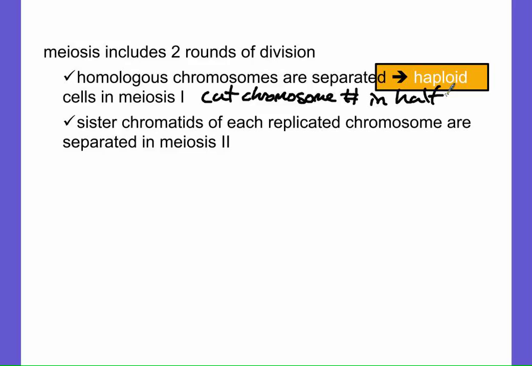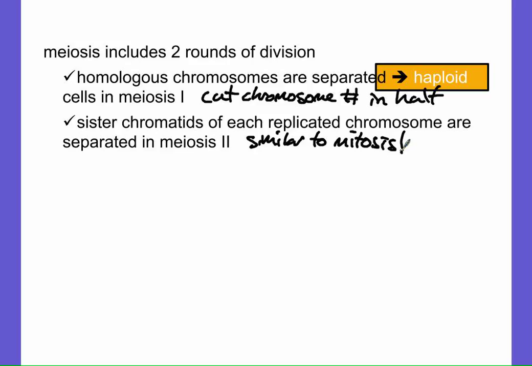In the second round of meiosis, sister chromatids of replicated chromosomes are going to be separated. So actually, this second round is pretty much the same as mitosis before. If you're separating chromatids, that's the same as mitotic division. Whereas when you're separating the homologous chromosomes, that's meiosis specific.